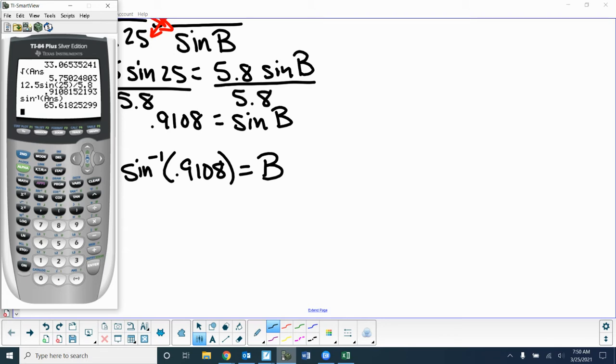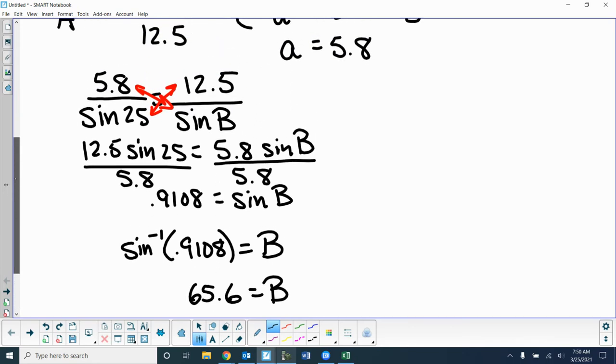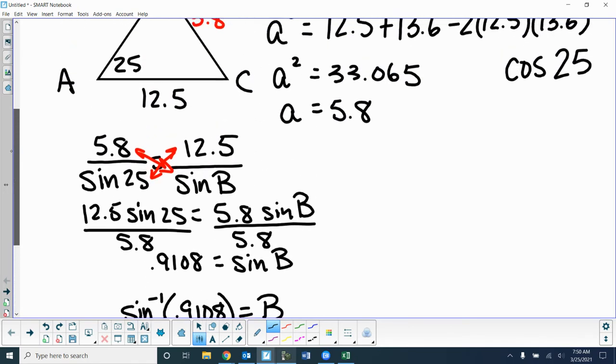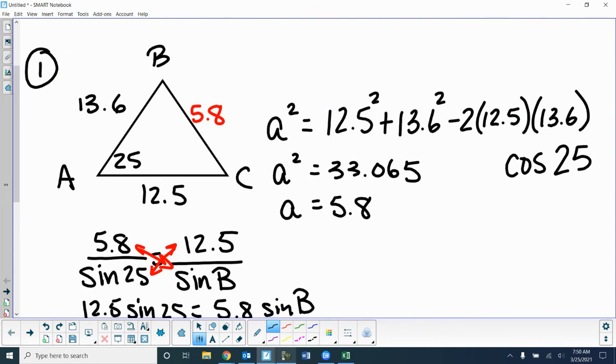So if you did 5.75 instead of 5.8, you're going to be a little bit off. It would have been 66.7. So again, as long as you're showing your work, I can tell what you're doing. Any questions so far? So 65.6 is angle B. How would you have gotten to 66.7?